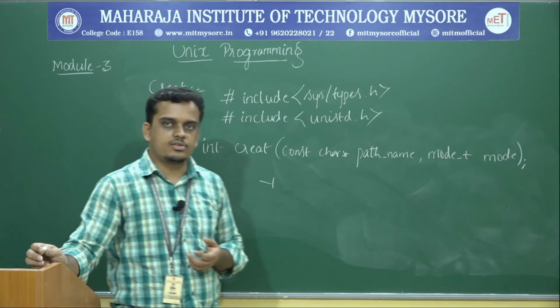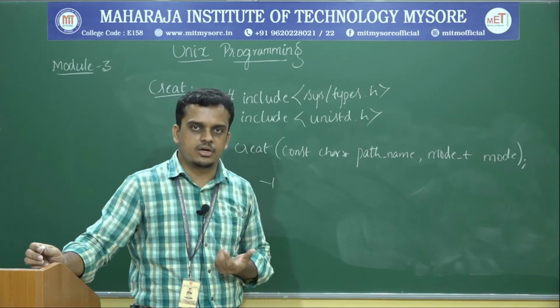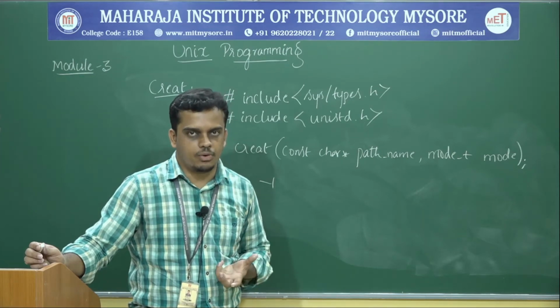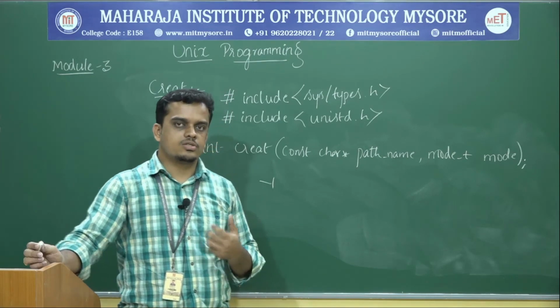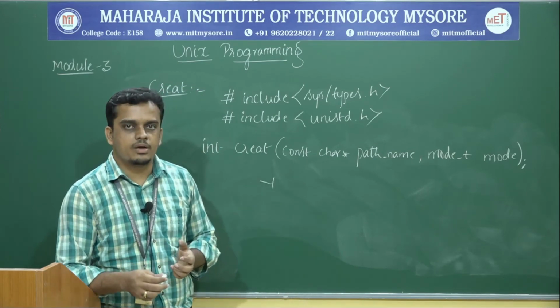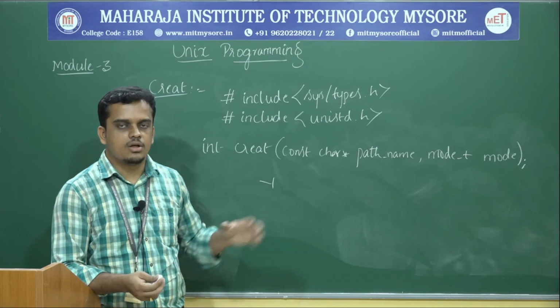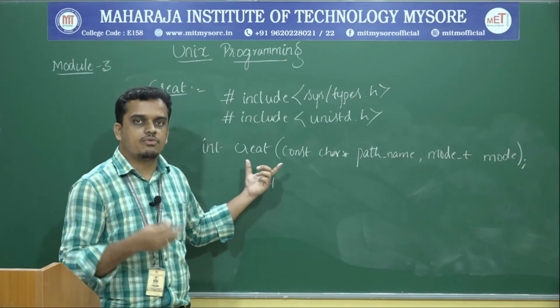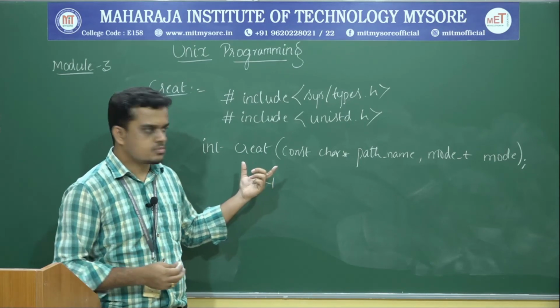If the return value is a negative integer, it means the function has failed to perform. So you may think about in what different cases this API may fail to work. For example, in what different consequences can this create API fail?